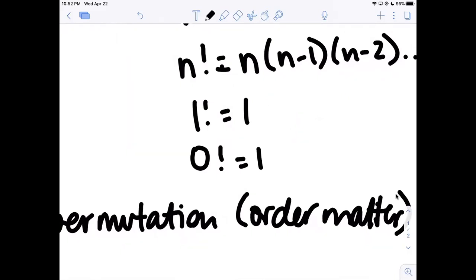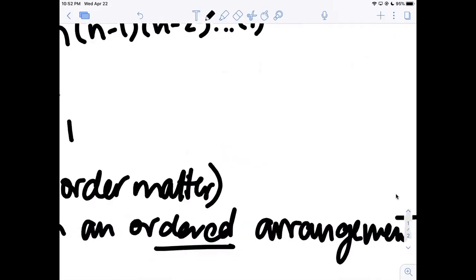Okay, so we call this an n object ordered arrangement. Again, order matters. So we're placing things in order.